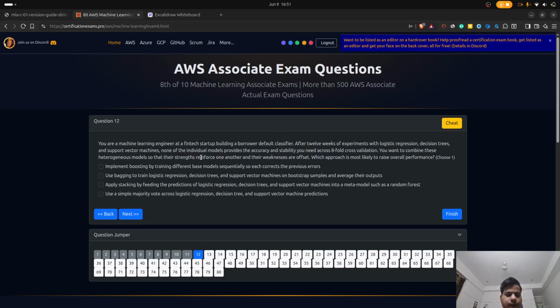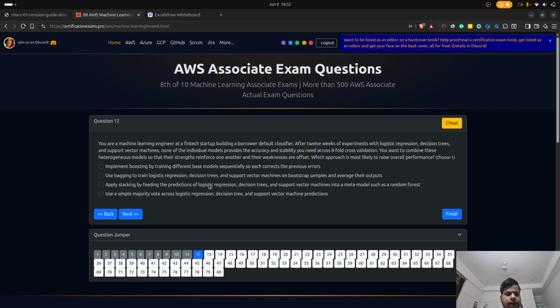So the keyword is strengths should be reinforced. First one can be the correct option.